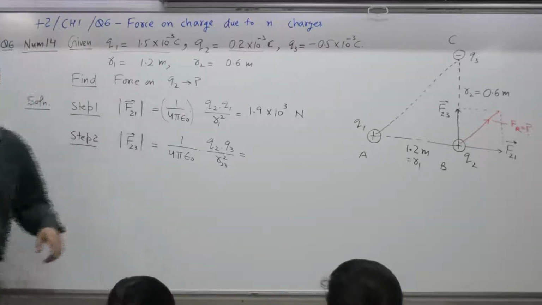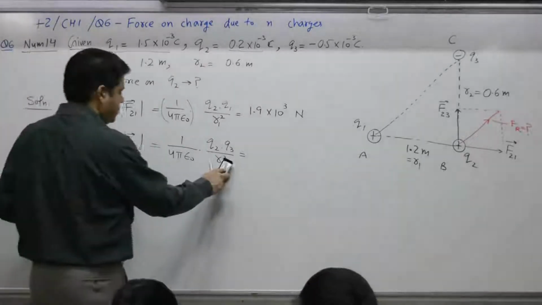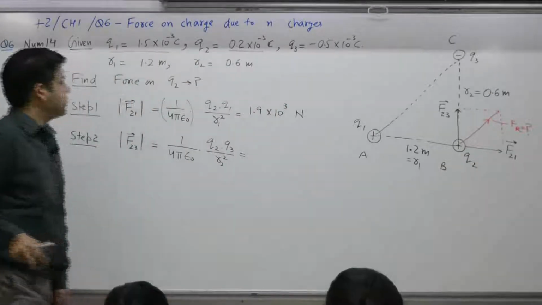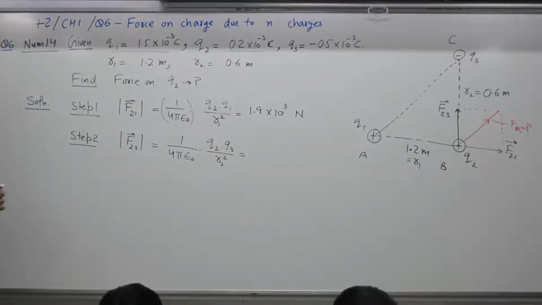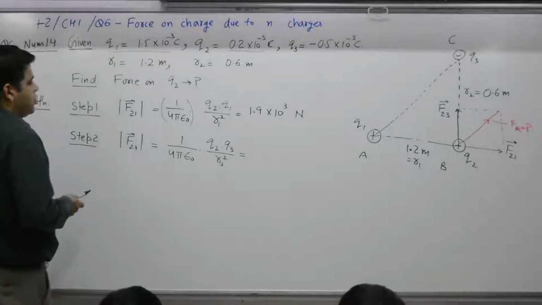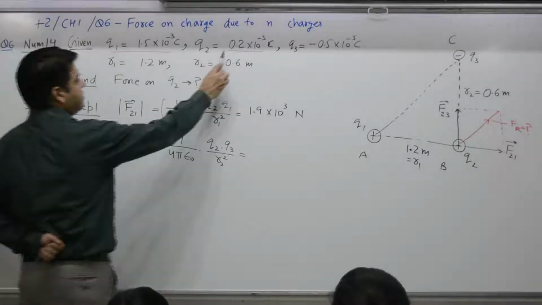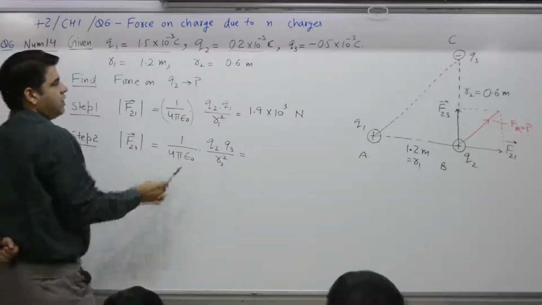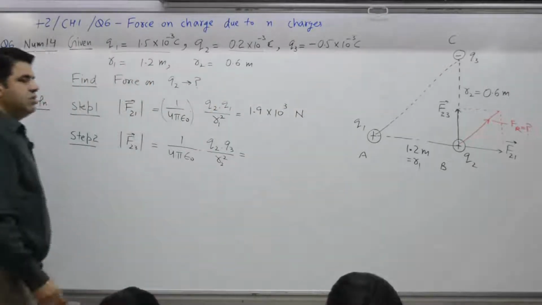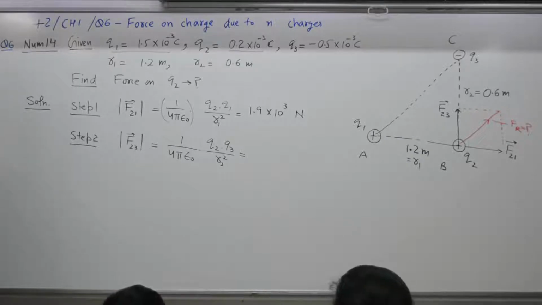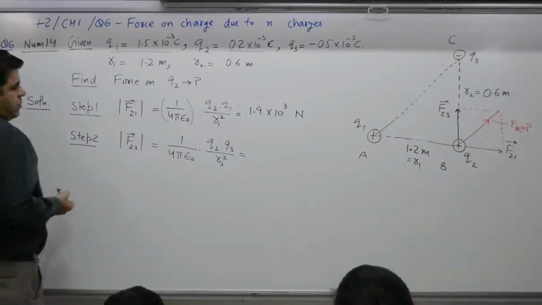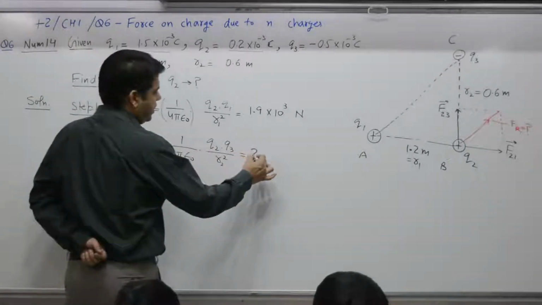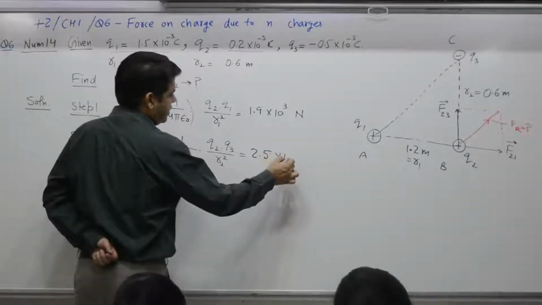R23 means R2, this distance, 0.6. Q2 is given, Q3 is also given. You need not take into account the sign because we want to find only the magnitude, that is why the magnitude of Q3. It comes out to be 2.5 into 10 raised to power 3.